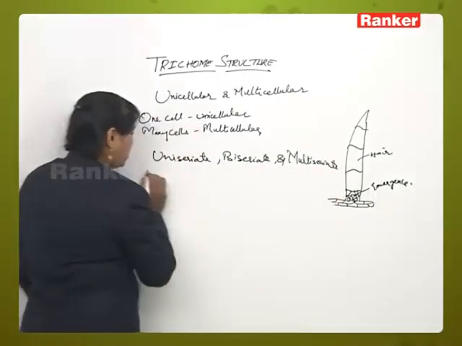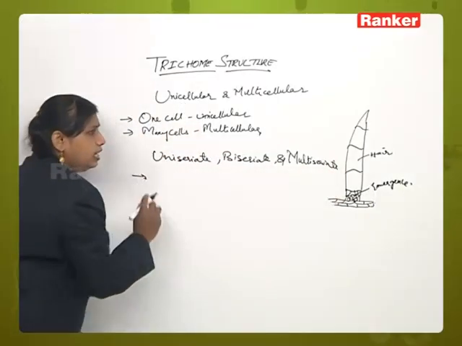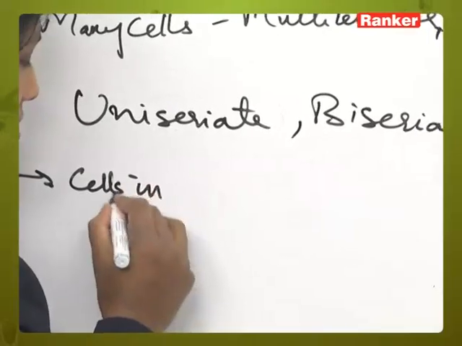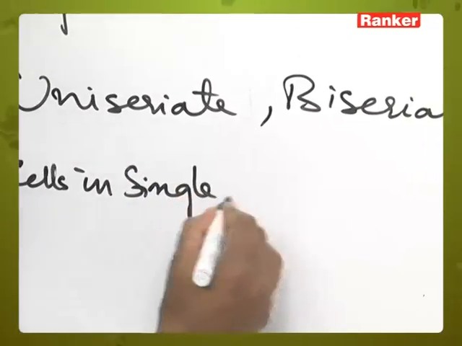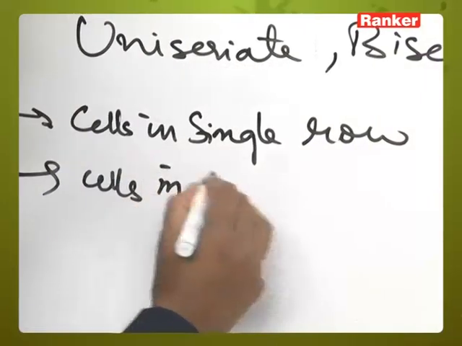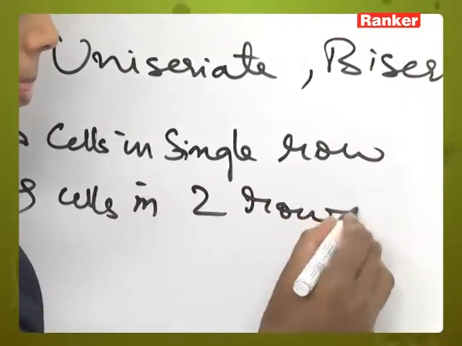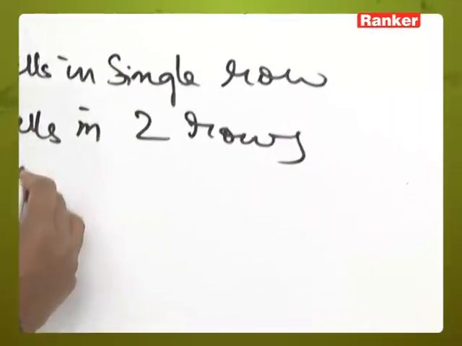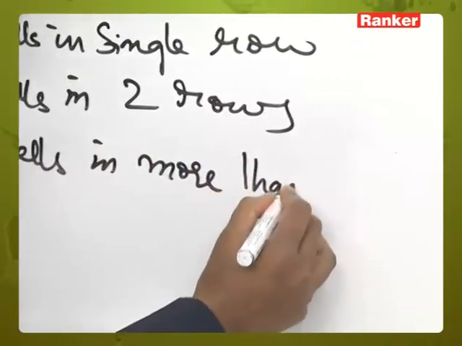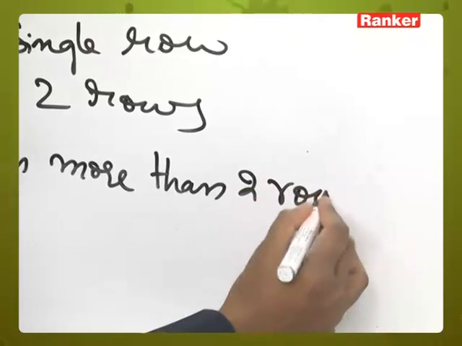Okay. Now, when we say uniseriate, what is uniseriate? In uniseriate, the cells are arranged in a single row. In biseriate, cells are in 2 rows. And in multiseriate, cells occur in more than 2 rows, meaning n number of rows.